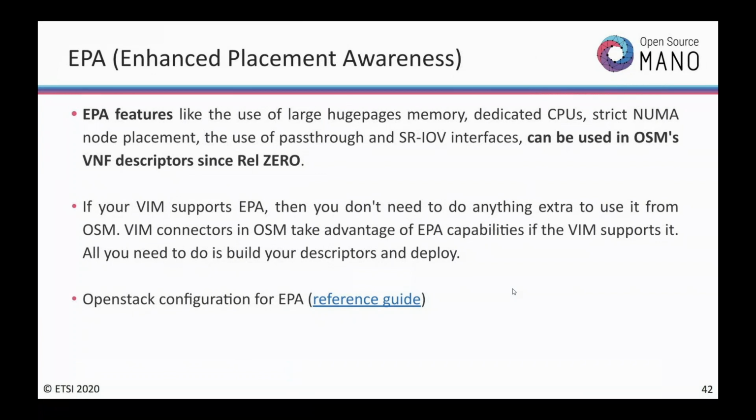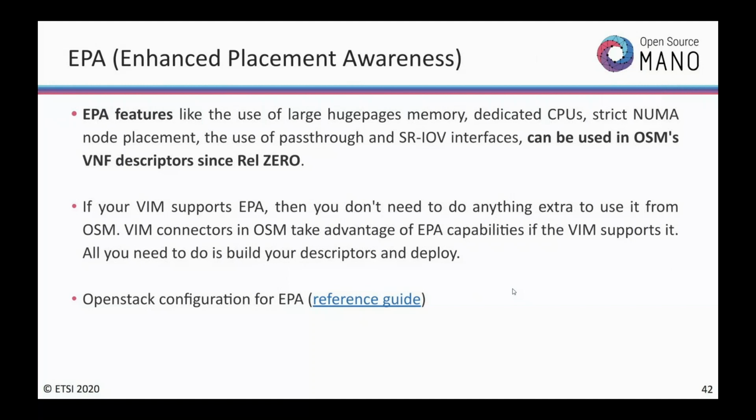So by default, VMs are assigned a CPU or a set of CPUs and memory, but the hypervisor has the right to redistribute or dynamically assign the CPU to different cores, different physical CPUs over time.